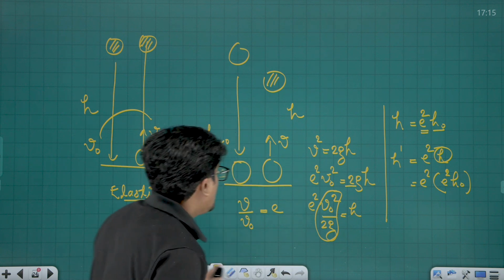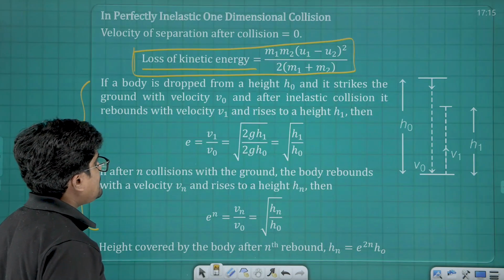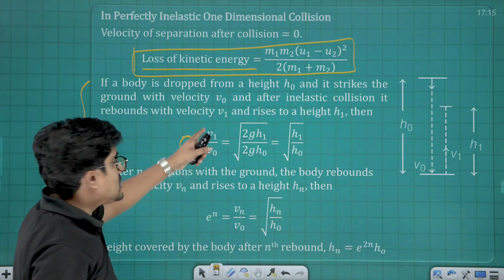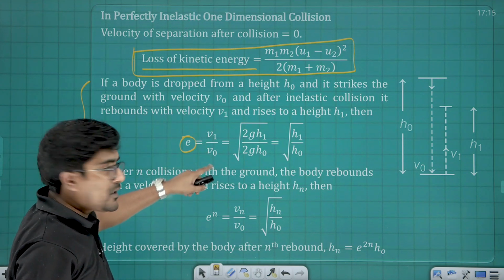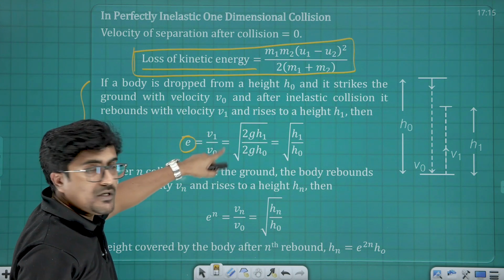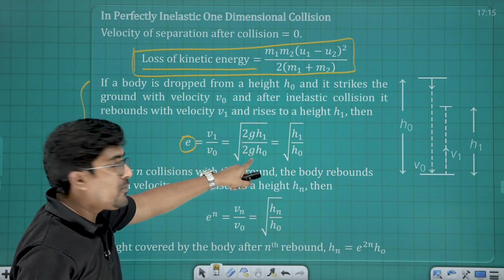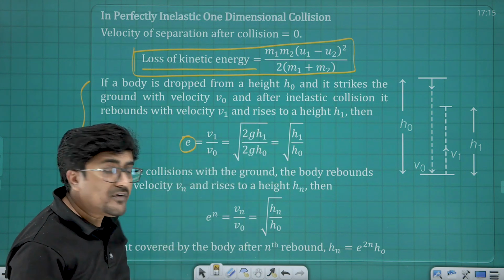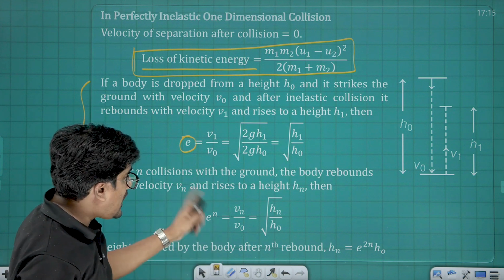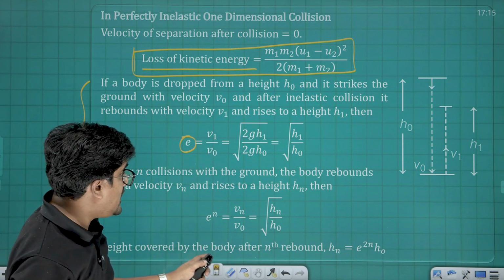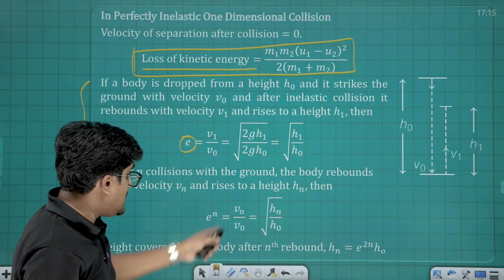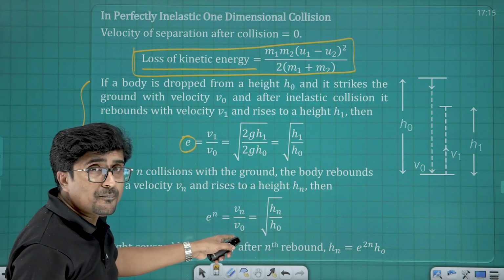Now have a look, and you will understand these relations. e is equal to v1 by v naught, velocity of separation upon velocity of approach. In terms of height, it is root 2h1 upon root 2h naught. While taking the ratio, it's going to be under root of h1 by h naught. And how is the height varying? e raised to n, that means after the nth collision, is vn upon v naught.